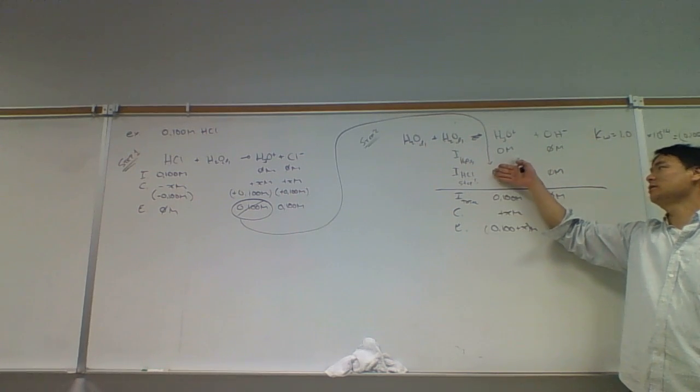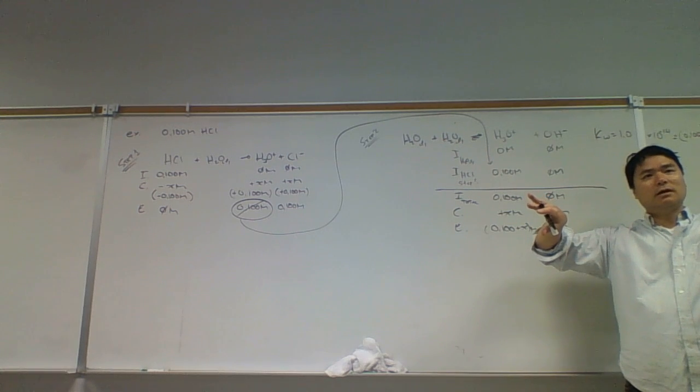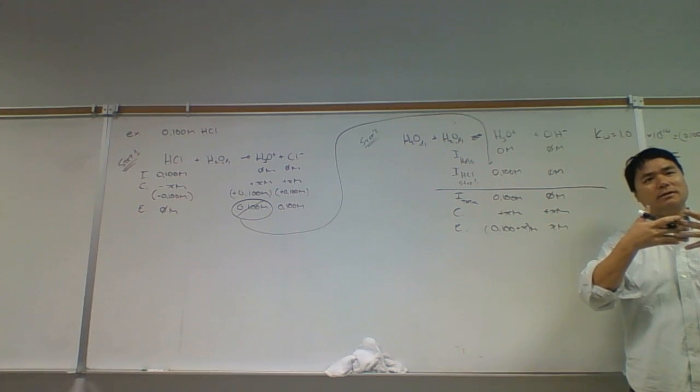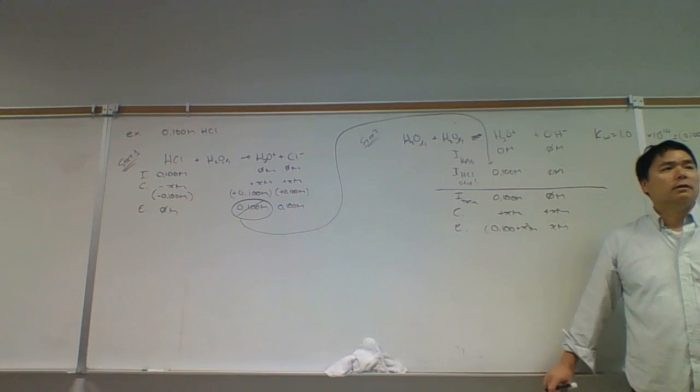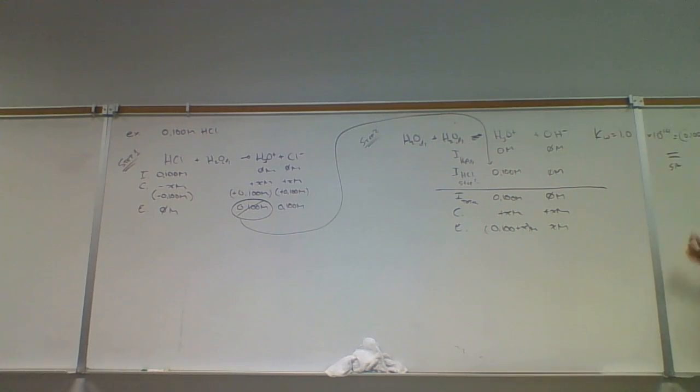If I called it 0 and then 0, then I'm completely treating them separately. But these are 2 interdependent equilibria because they share a common ion. So do this: 0.100 times x, and x is going to equal 1.0 times 10 to the minus 13.